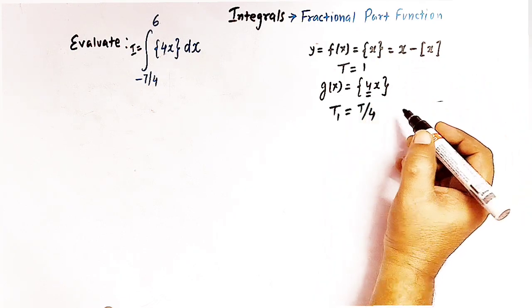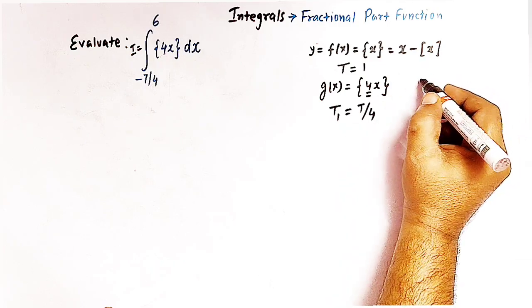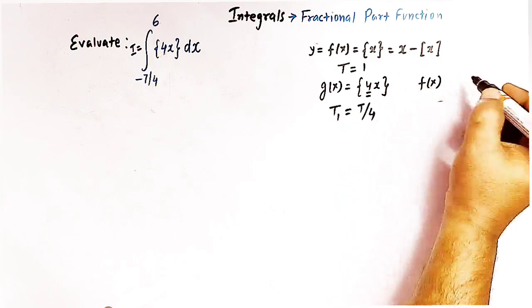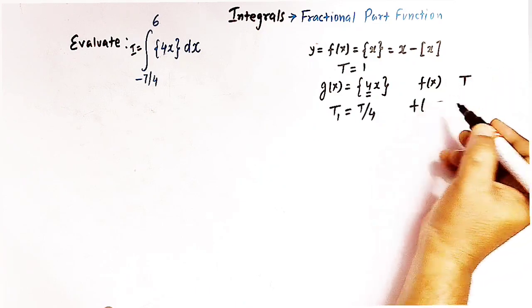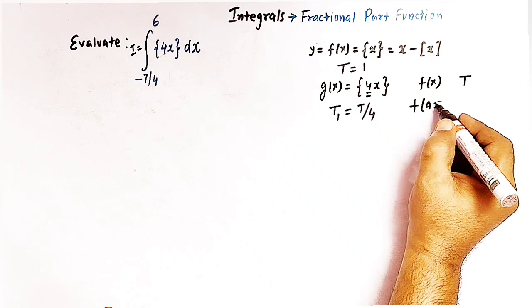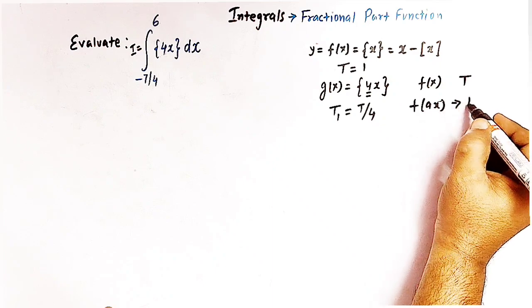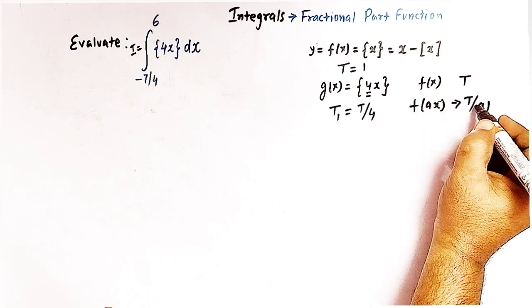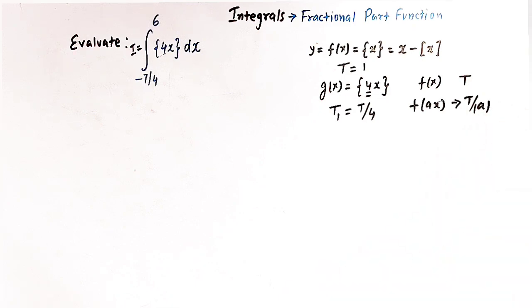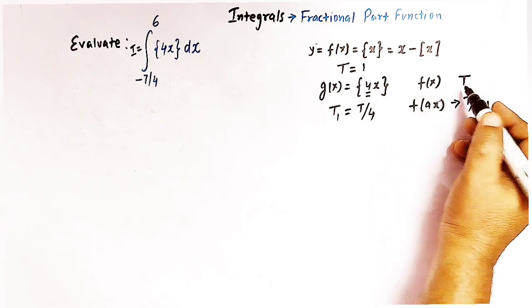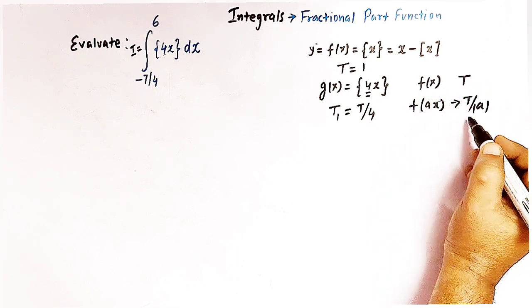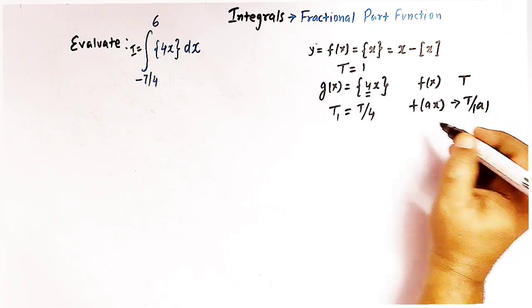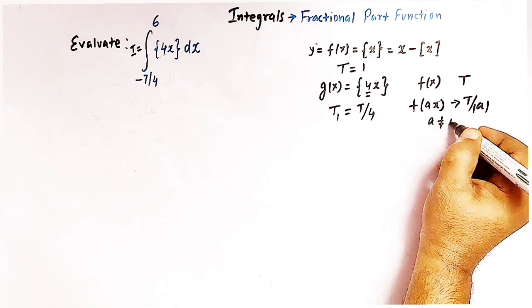And we know that if we have the function say f of x and its period is T, then the period of f of ax is given by T by modulus of a. So if the period of f of x is T, then the period of f of ax is given by T divided by the absolute value of a, and here a is not equal to 0.